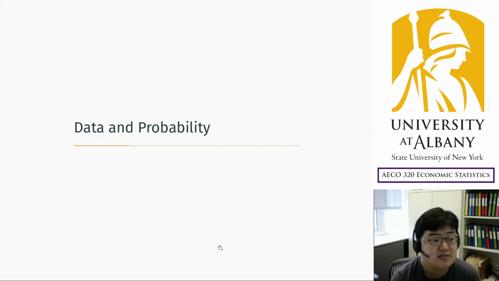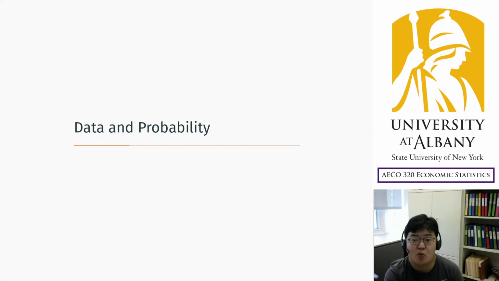Okay, this is the second video of chapter 1, and in the previous video I explained the conceptual way to understand probability, and in particular I emphasized the repetition of experiment.